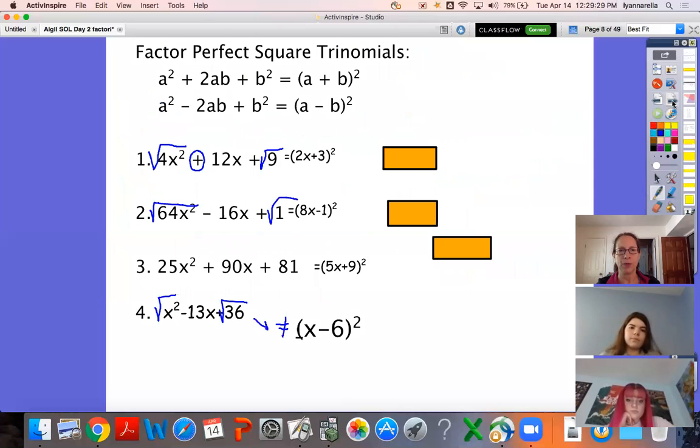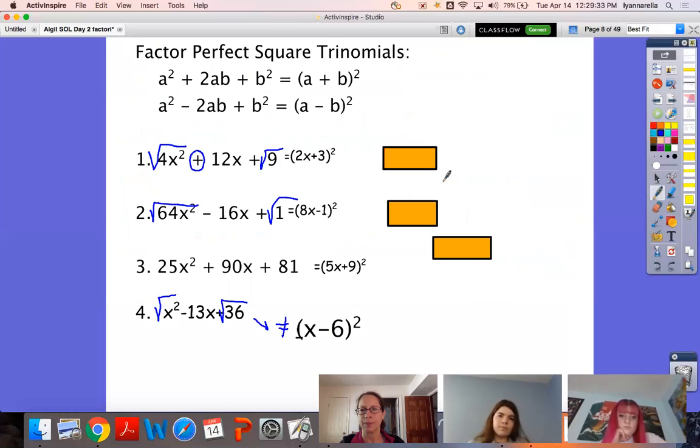So let's do some of those perfect square trinomials. I've already uncovered them, so I'm just going to go ahead and talk you through them all. The square root of 4x squared is 2x, and the square root of 9 is 3. If I said 2x times 3, I would get 6x, and if I doubled 6x, I would get 12x, and that's the middle term.